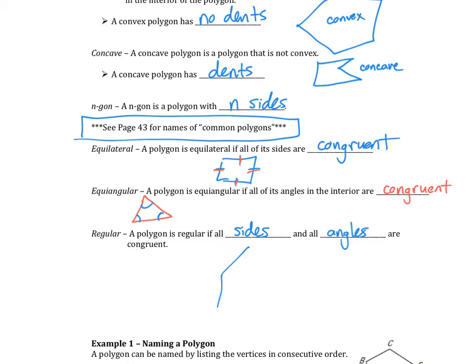So for example, it will look like this. I know I didn't do a great job here. So if all the sides are congruent and all the angles are congruent, then it's called regular. So this polygon right here is called regular because all the angles are marked and all the sides are marked.